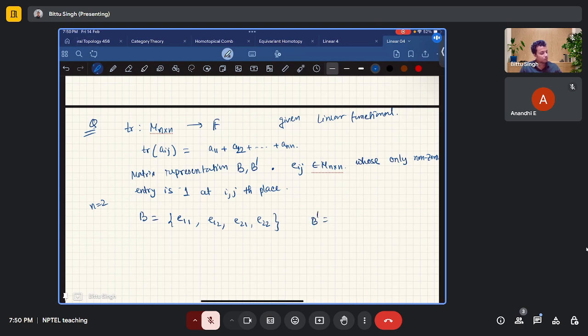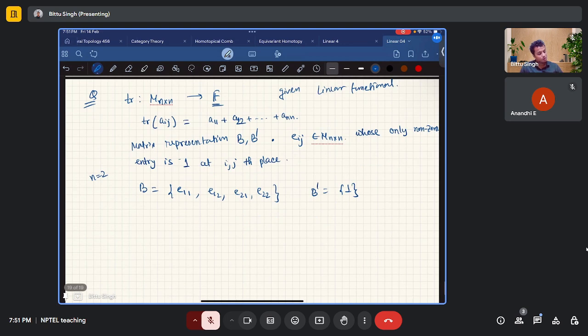And B dash is simply, because the field is generated by 1, this is the singleton set 1. We need to find the matrix representation of this linear functional. Here we can see tr of E11 is the same as tr of the matrix 1 0 0 0, which is 1.